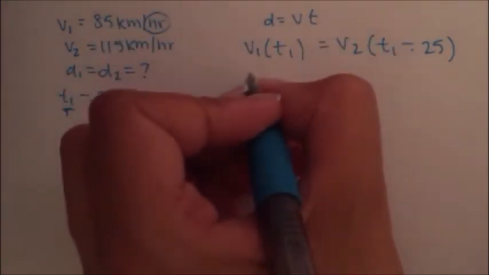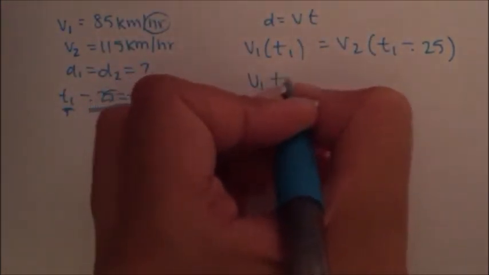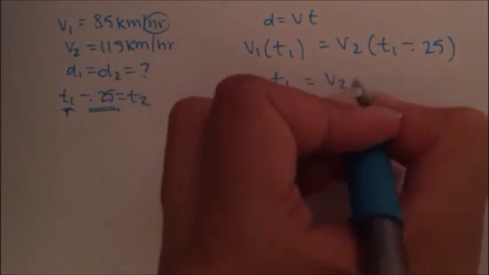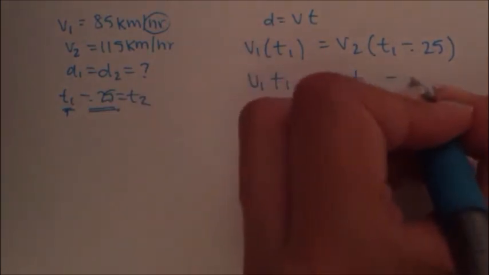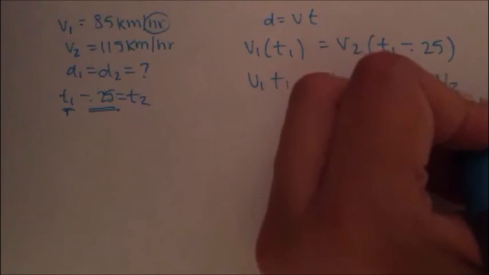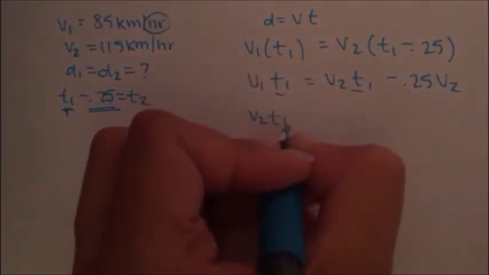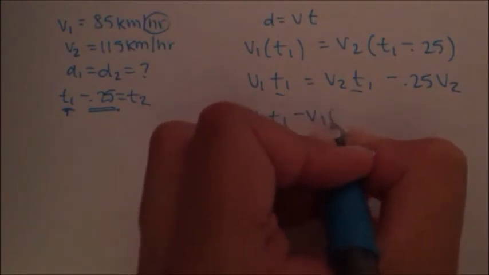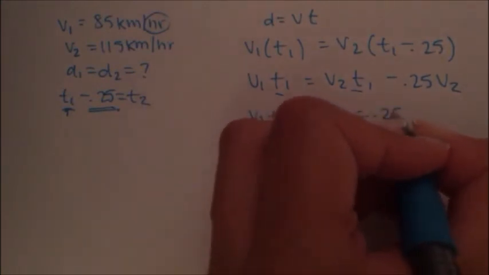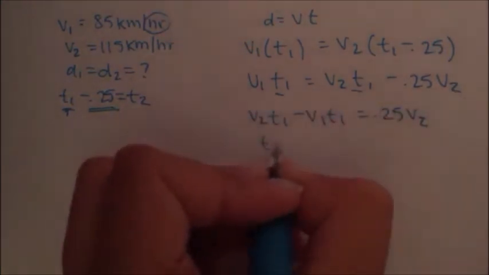So now we're going to use some algebra. V1 T1 is V2 times (T1 minus 0.25), and distribute that out. Bring your T1s onto one side, so (V2 minus V1) T1 is going to give us V2 times 0.25.